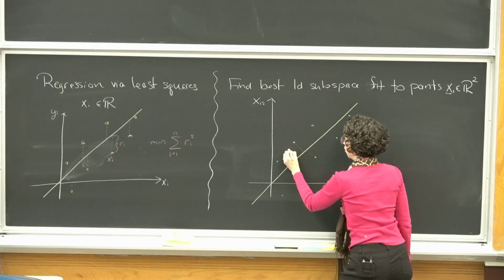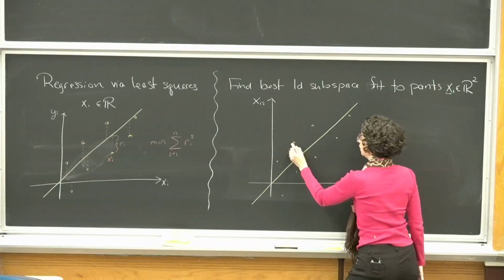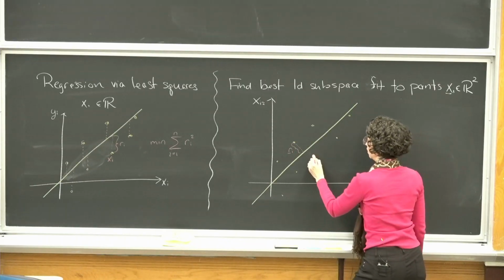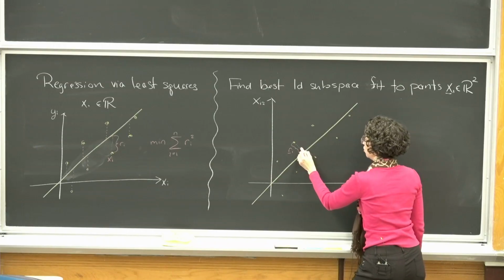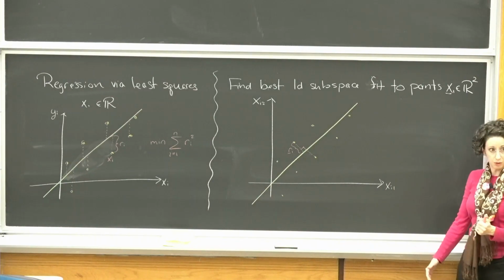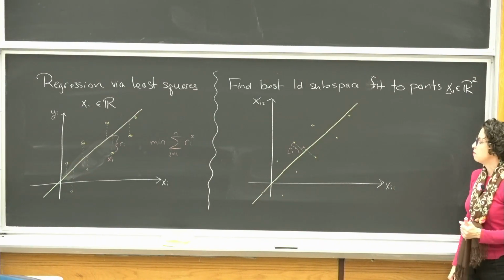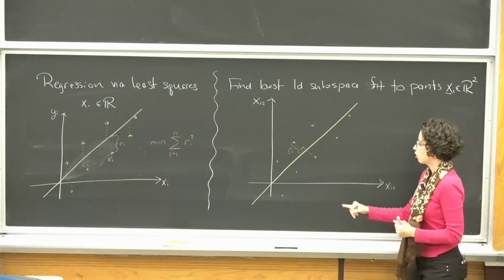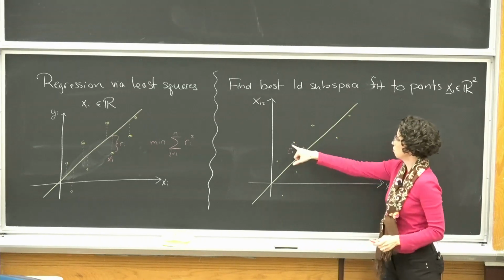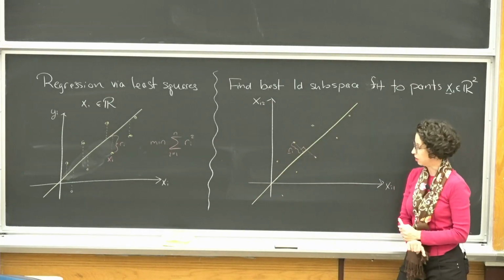And so this now would be my residual. This is a 2D vector, and I am trying to minimize these distances. Each of these dotted lines I'm drawing is perpendicular to the 1D subspace. So I'm basically trying to find the closest point on the 1D subspace to my actual training sample here.